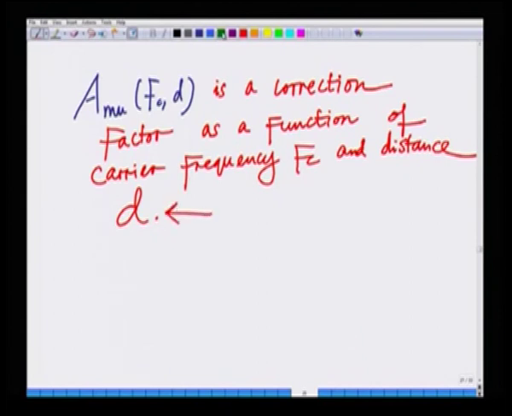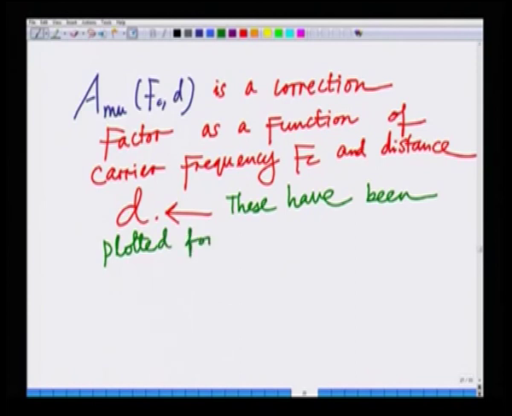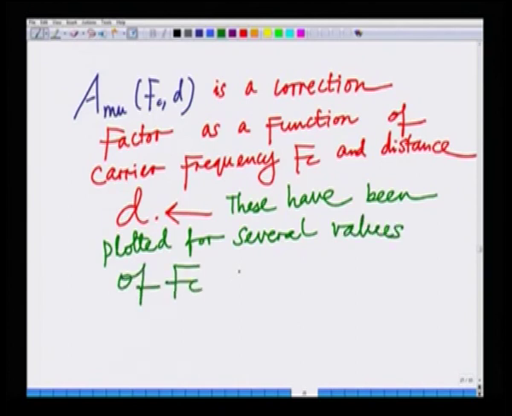Actually, these have been plotted for several values of carrier frequency f c and distance d.